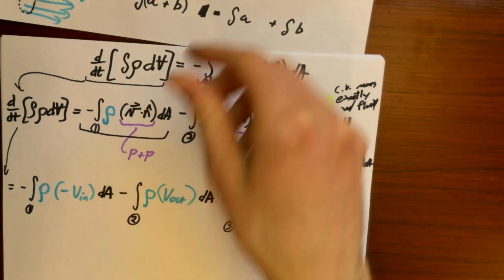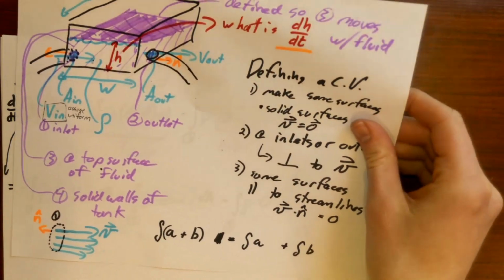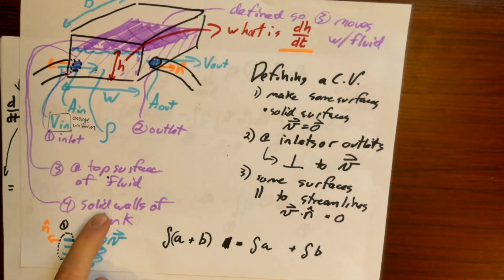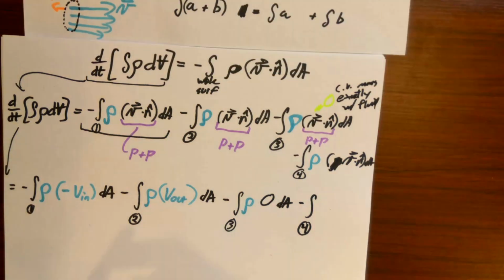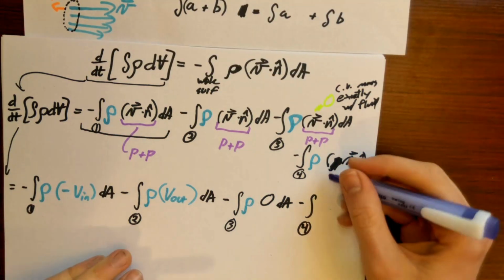So take a moment now. Remember, surface 4 is the solid walls of the tank. So take a moment now, pause and ponder. What is V dot N for surface 4?